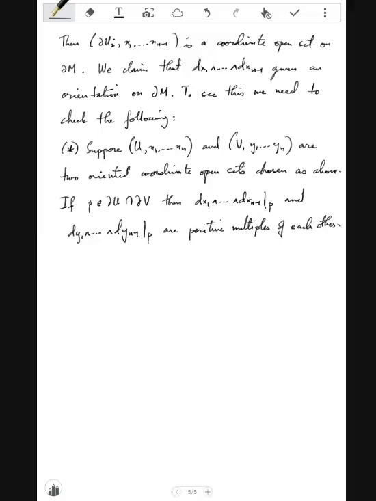So this is the condition star which we need to check, and that will show that the boundary of M is orientable.